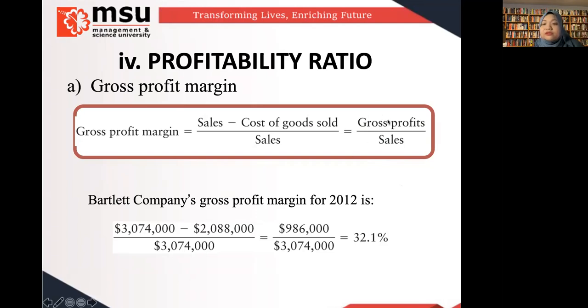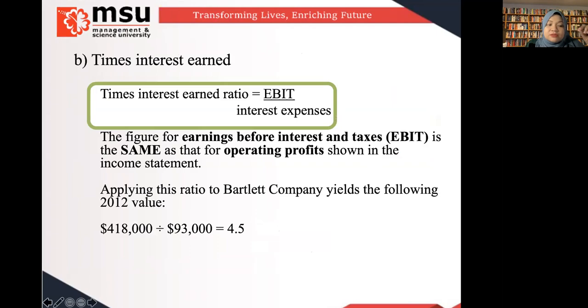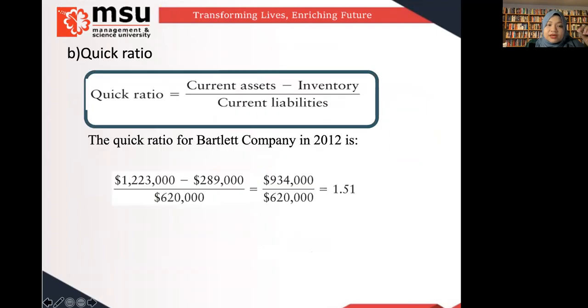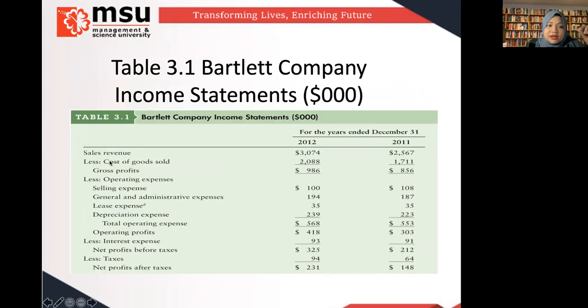Gross profit margin is gross profit divided by sales, where gross profit is the profit after you minus cost of goods sold. So 986 divided by 2074, and the answer is in percentage.